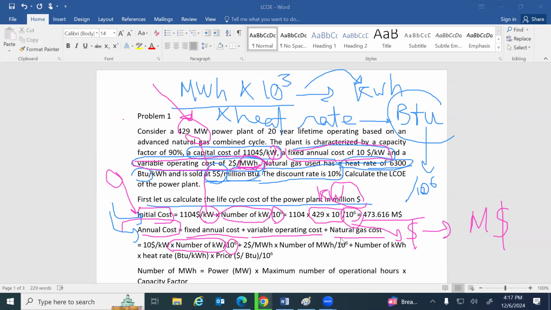Now, when we consider the natural gas cost, as we said, we just have to consider the number of kilowatt hours times the heat rate, which is in BTU per kilowatt hour, times the price in dollars per BTU. And since they gave us the price per million BTU, the price in dollars per BTU is just 5 over 10 to the power 6.